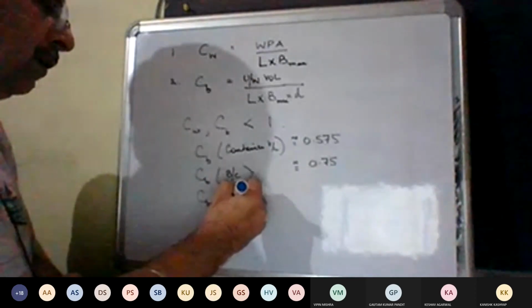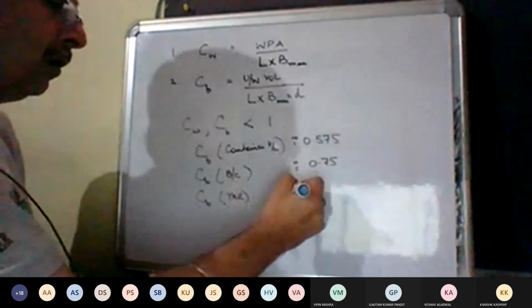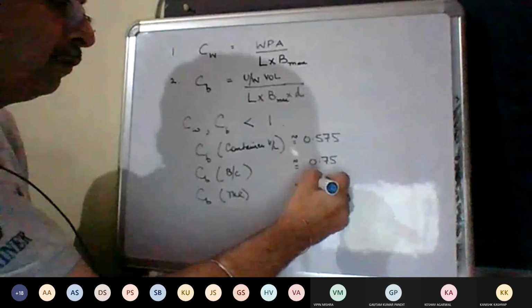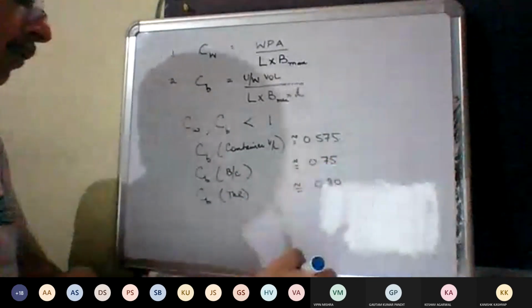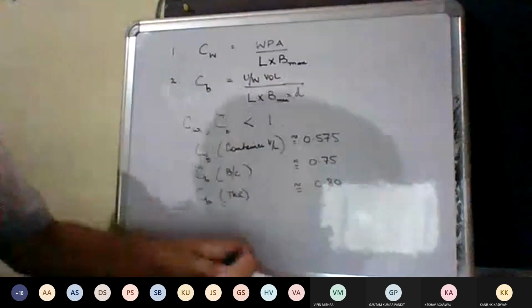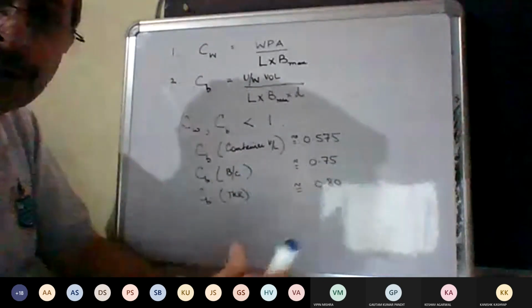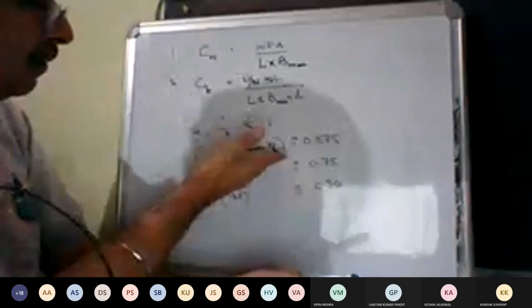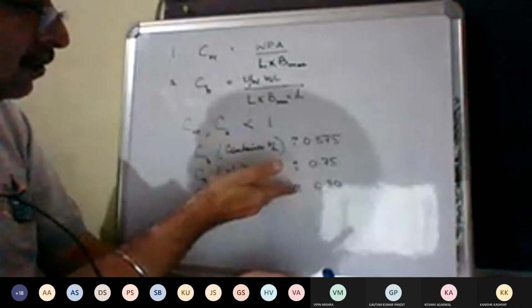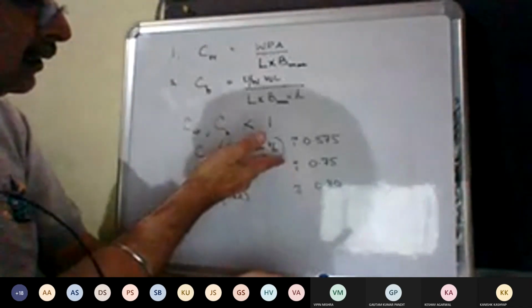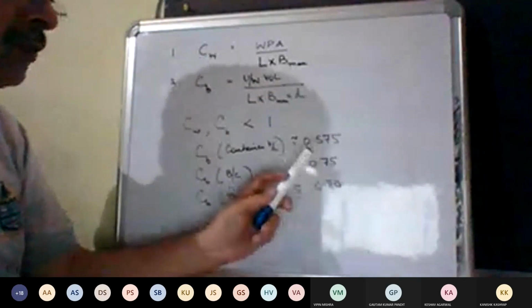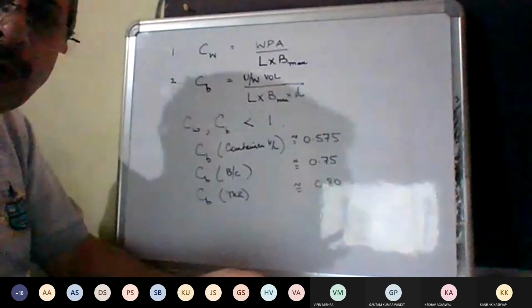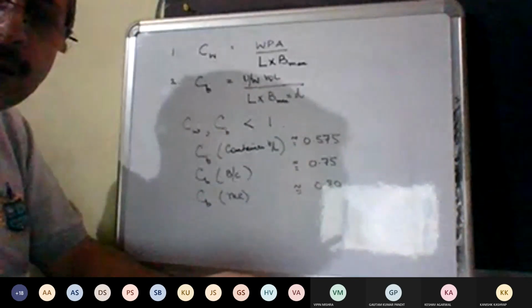CB for a tanker is generally in the region of 0.80. That is just as a broad guideline for you, so you should know. That means as the CB values keep decreasing, the speed will keep increasing. So container ships, that is how they are able to have a higher speed.